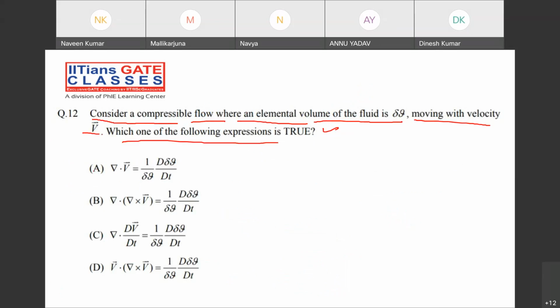This is the expression del dot V equals 1 by delta V d delta V by dt, then del dot del cross V, rate of change of volume per unit volume, again del dot this. The right hand side is the same. So what is the correct option?